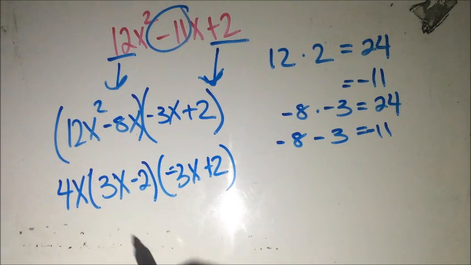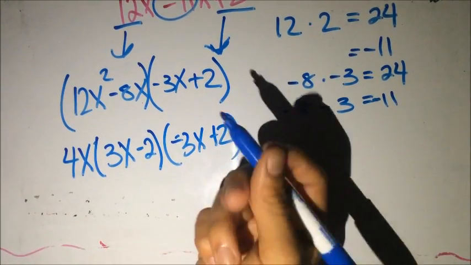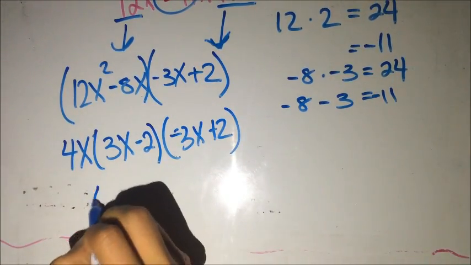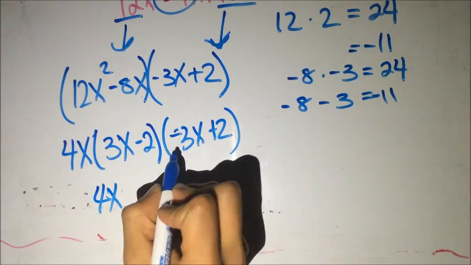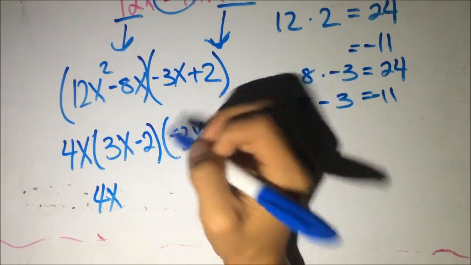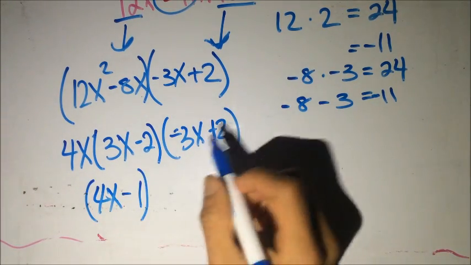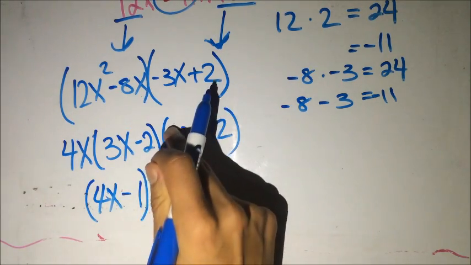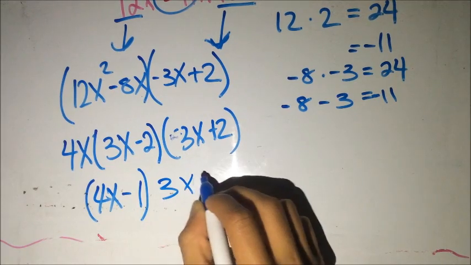Now, we bring down 4x, and in this case it will be a negative 1 because it's a negative here, and there's nothing on the outside, so it's negative 1. And since we have the same 3x plus 2, we bring those down.